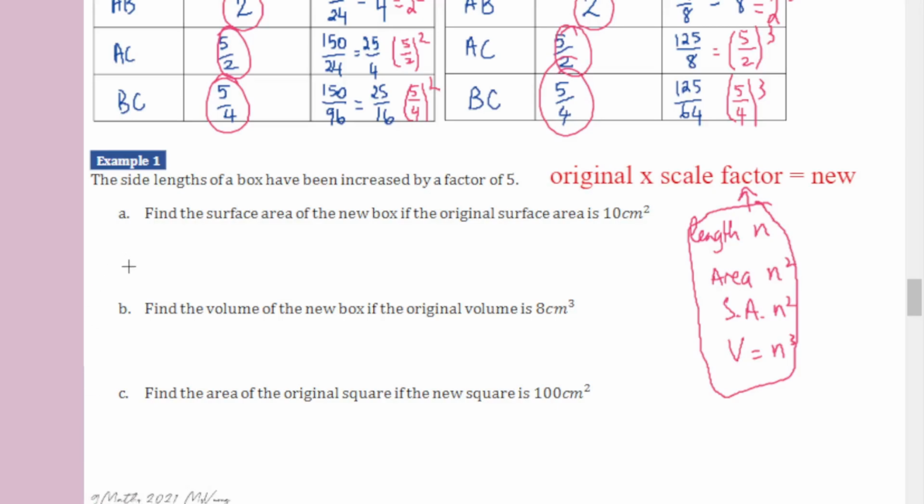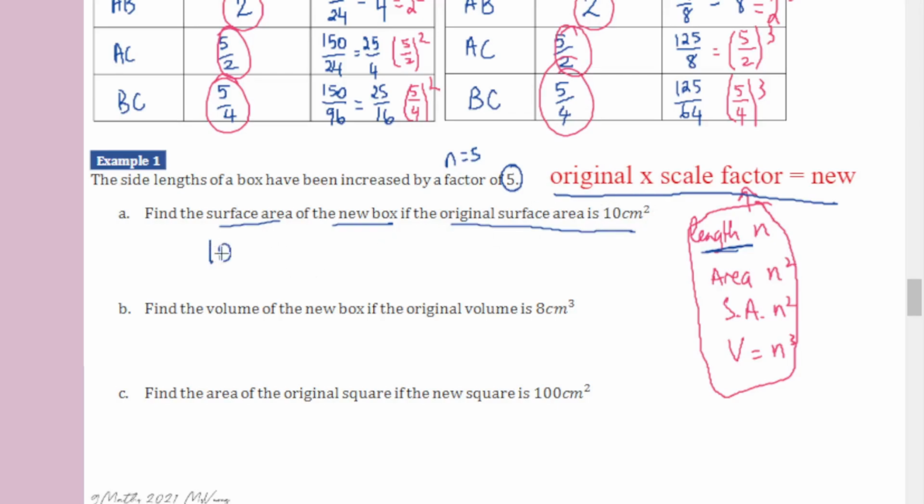So let's read the questions. The side lengths of a box have been increased by a factor of 5. So that is the scale factor of the length. So n equals 5. Find the surface area of a new box if the original is 10 centimeters squared. So again, we're going to use this formula over here. The original is 10 centimeters squared.